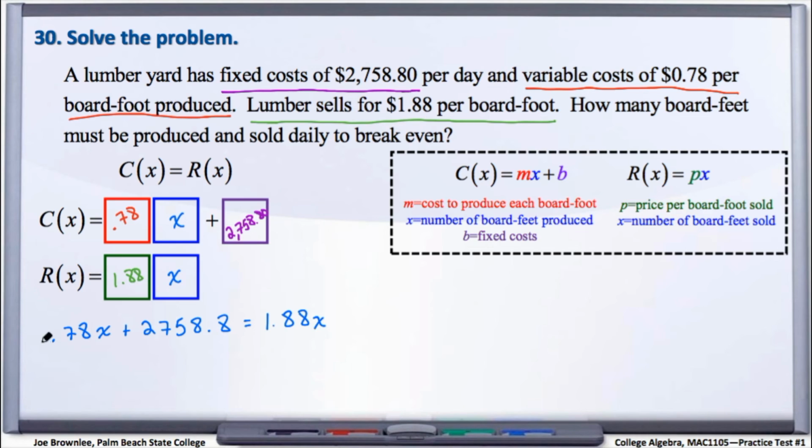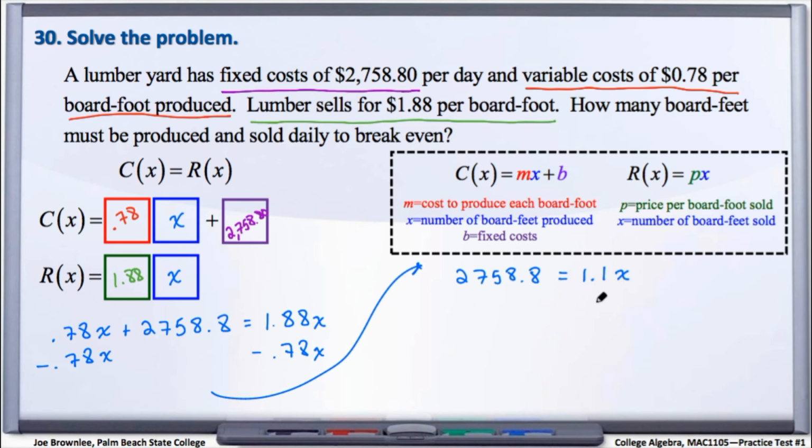Let's get the x's on one side of the equal sign. I'm going to subtract 0.78x from both sides. That leaves us with 2,758.8 equals 1.1x.